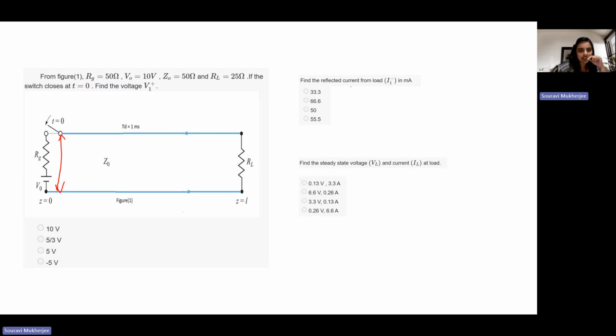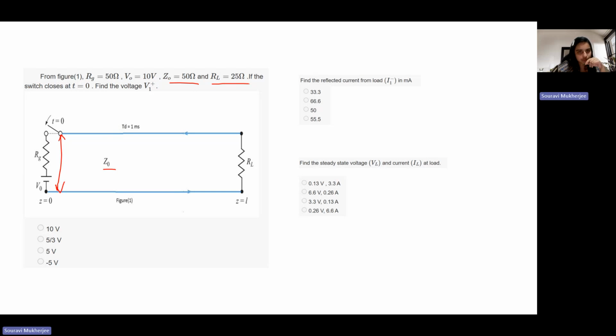Now it says find the reflected current from the load. So what happens? You have a voltage at the source and then it travels along the transmission line. Now Z naught is 50, right, while RL is 25. So they're not equal, which means there'll be a reflection. How much will be the reflection?